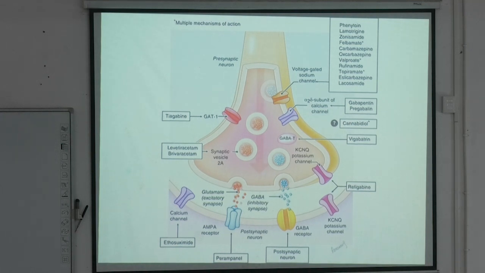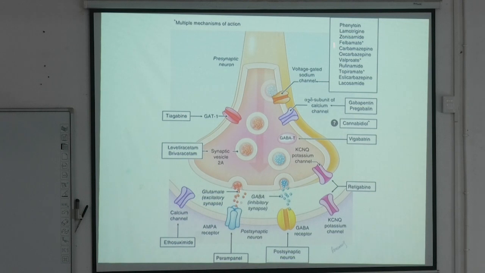So all the anti-epileptic drugs are acting on the various sites of this synaptic cleft. So you see, the sodium channel inhibitors. Yesterday, Dr. Ghosh told you: phenytoin, lamotrigine, zonisamide, felbamate, carbamazepine, oxcarbazepine, valproate, topiramate, rufinamide is not used right now, lacosamide.